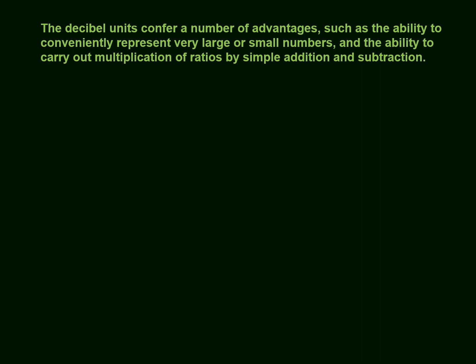The decibel units confer a number of advantages, such as the ability to conveniently represent very large or small numbers, and the ability to carry out multiplication of ratios by simple addition and subtraction.